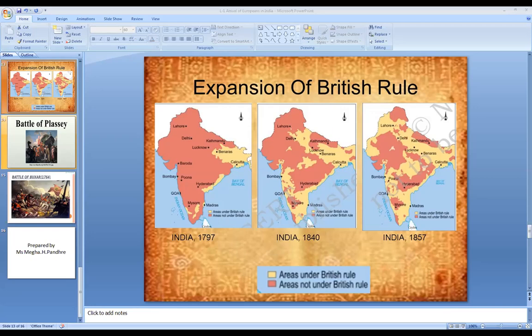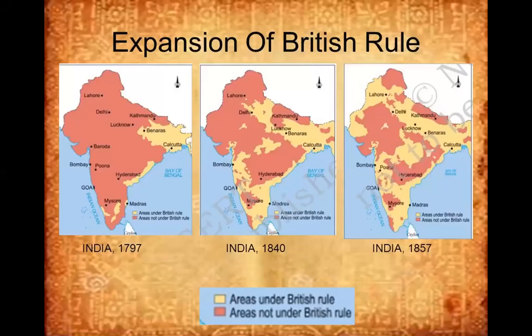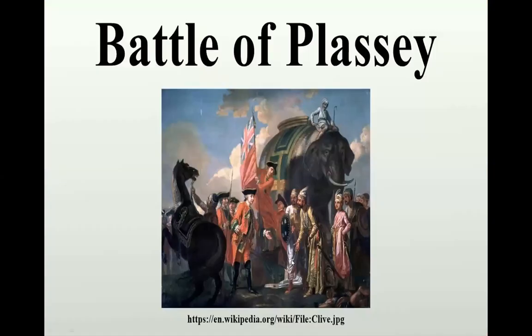Now, in this part of the story, we will discuss two important wars between Indian rulers and the East India Company that defined their supremacy over Bengal and other parts of India. First we will begin with the Battle of Plassey.